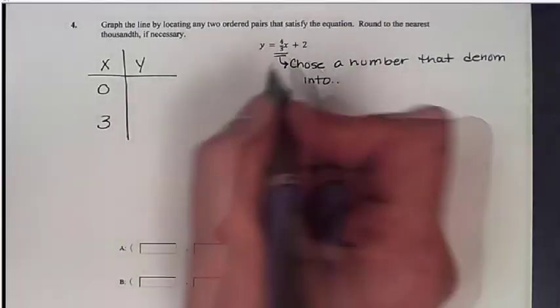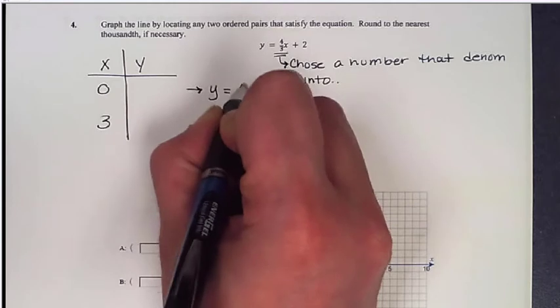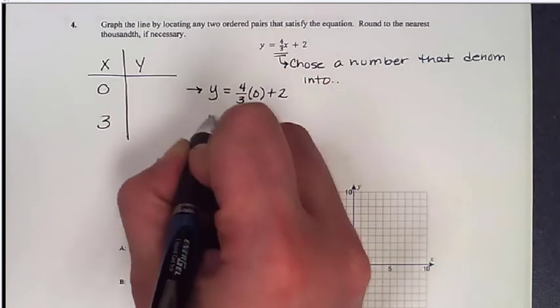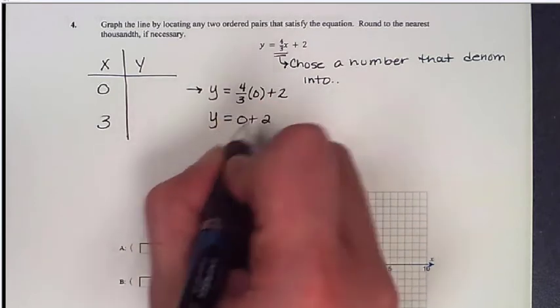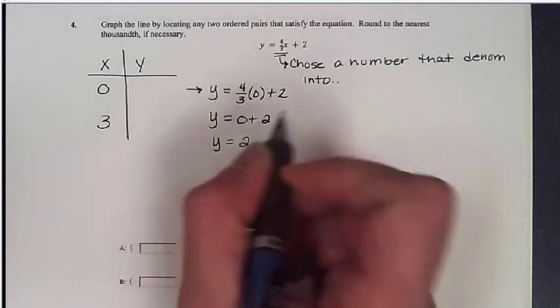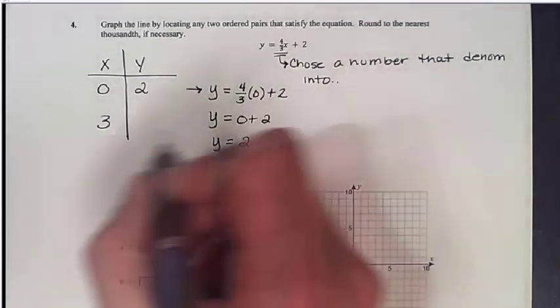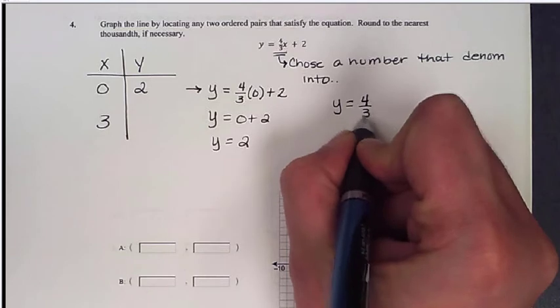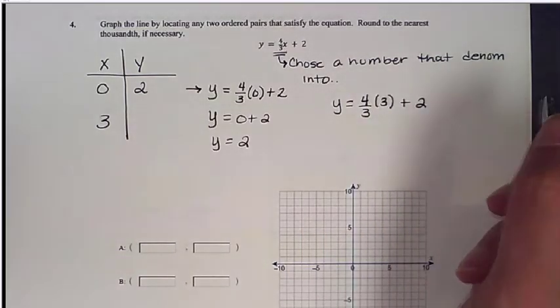Again, we're doing exactly the same thing. We're going to plug in our 0. So we're going to say y equals 4/3 times 0 plus 2. Well, 4/3 times 0 is 0, plus 2 is plus 2. So there's our first point, 0, 2. That wasn't that bad. So if we do our 3, and we do y equals 4 over 3 times 3 plus 2.